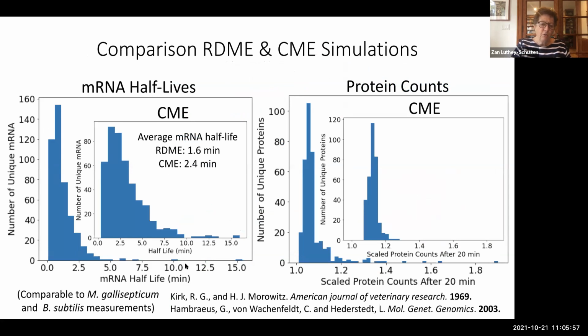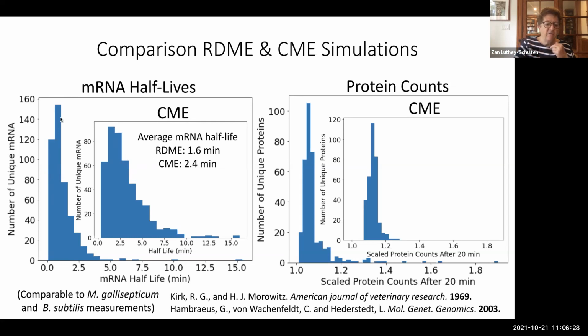And I didn't show you this, but instead of just assuming a fixed half-life, say, of like 2 minutes in the CME simulations, the well-stirred ones, you can then assign a probability to each one of those. And we're trying to see if getting the probabilistic information from the diffusion results gives you a reasonably good model of the mRNA distribution of half-lives.